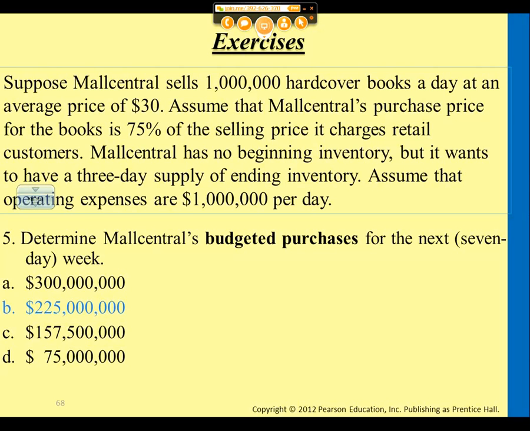So 30 million. What is a 30 million here? All right. So we know that we are assuming that their purchase price for the books is 75% of the selling price. So what does that give me?